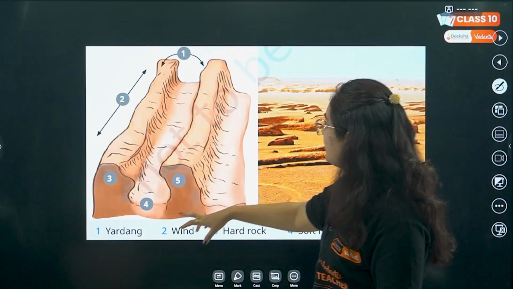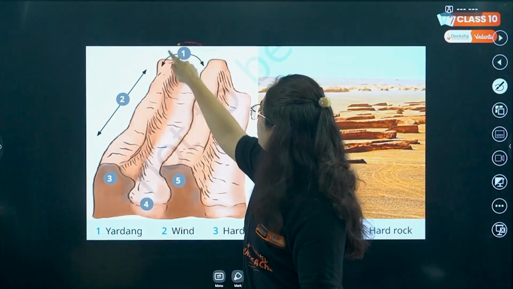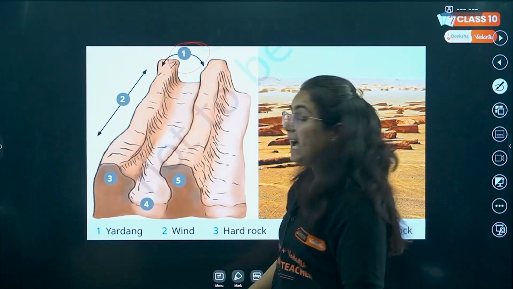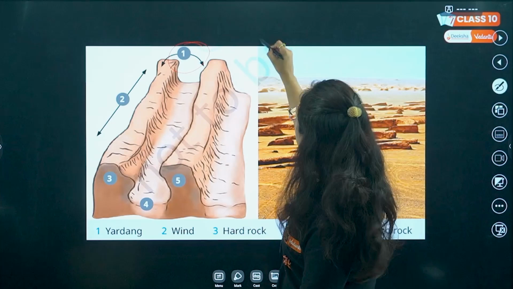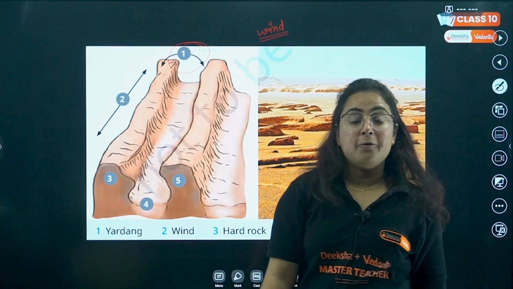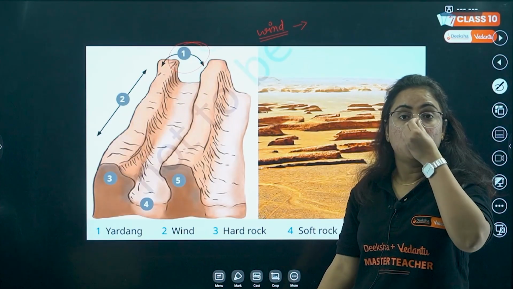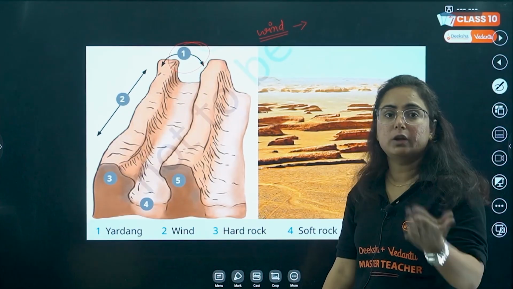Many more are given here. See, this is basically this first feature. Okay, this first feature is known as yardang. Okay, and where it is created, this erosional landform is created due to wind. Okay, wind majorly in the regions, those regions are not water rich.